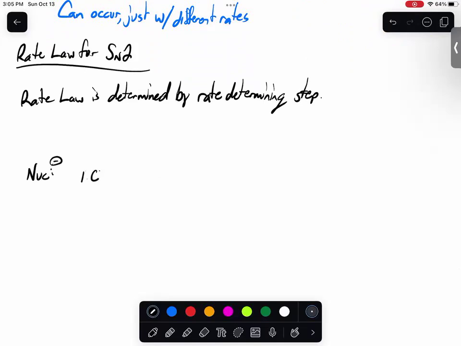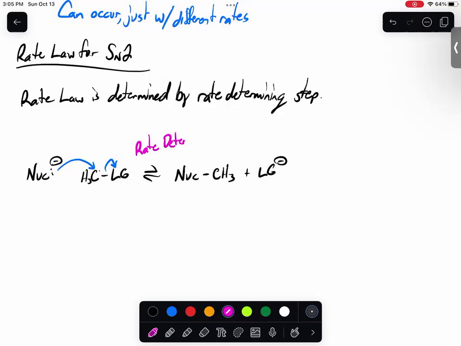So let's say that we're looking at that original one that we were talking about beforehand, all it does is it comes in, does a backside attack, kicks it out in a concerted manner. And that concerted manner tells us that if there's only one singular step in the reaction, the single step must be the rate determining step, right? Also known as the RDS.